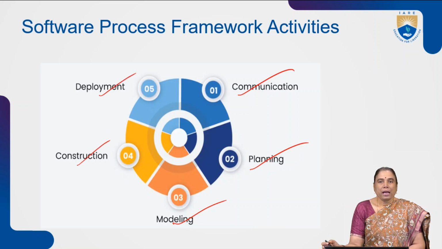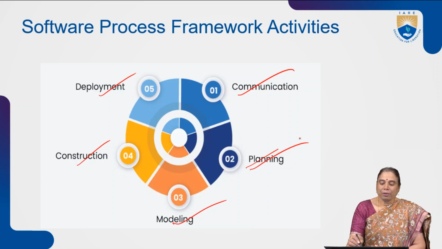The communication activity majorly involves requirement gathering from the customer, conducting feasibility studies covering operational, technical and economic feasibility, and conducting the requirement engineering process over the collected requirements. After this process, all the requirements are documented, and the document is called SRS.